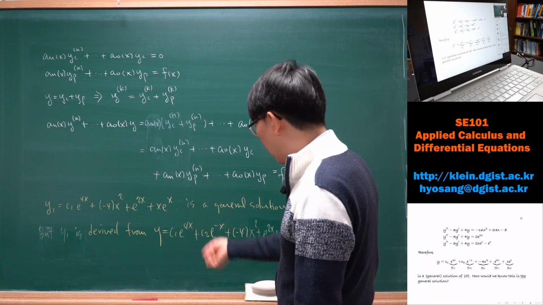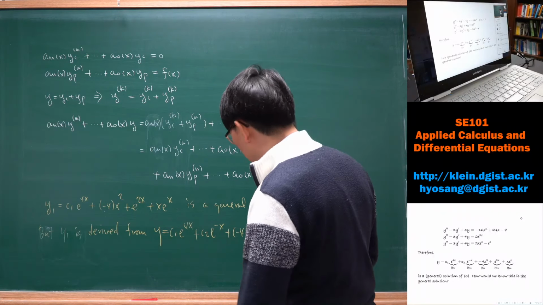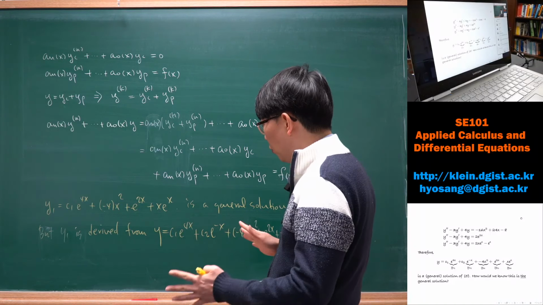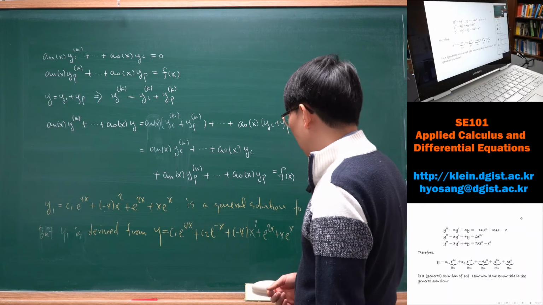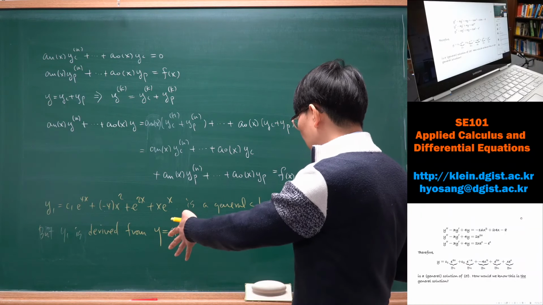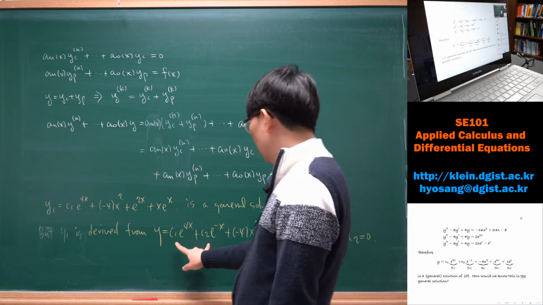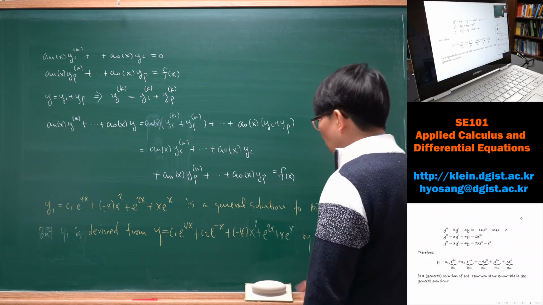So if you want to find a particular solution satisfying a given initial value condition, you have to determine what c1 and c2 are. But before we are given any condition, we don't know which becomes our particular solution. So there are infinitely many solutions, a family of solutions.